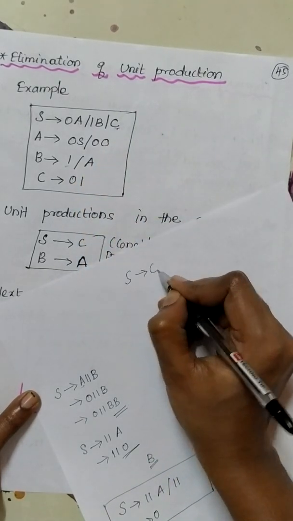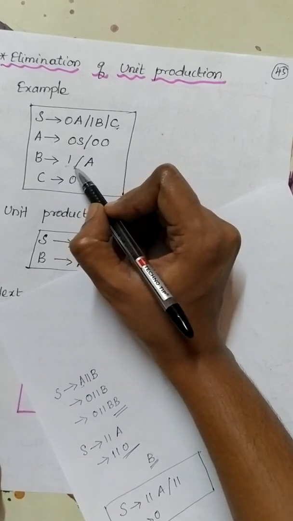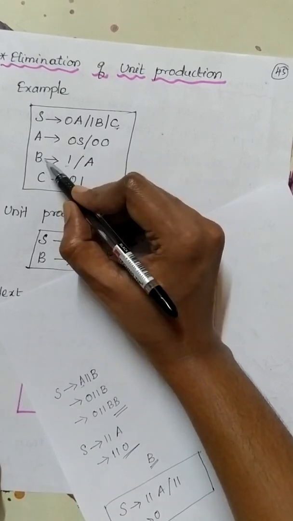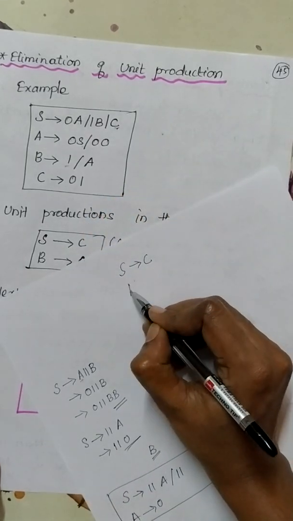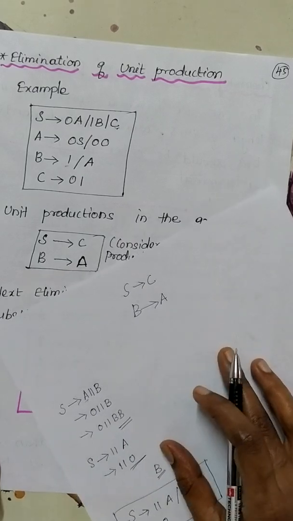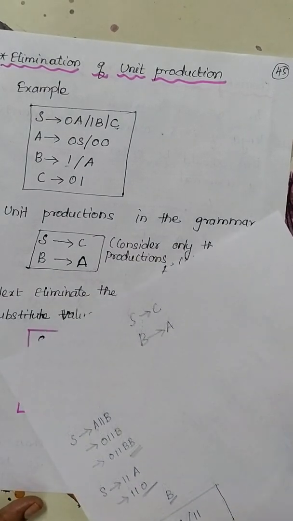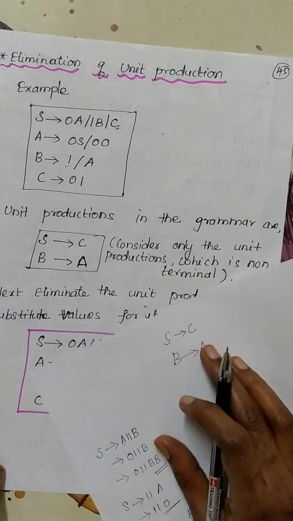S tends to C, and then in A we do not have any unit productions, and in B we have B tends to A. That is one unit production. We are only considering the variables. So now we are going to eliminate the unit productions.